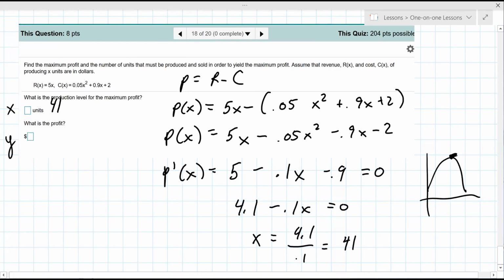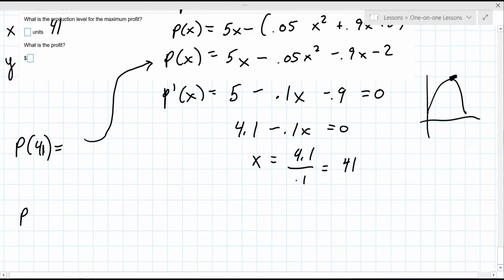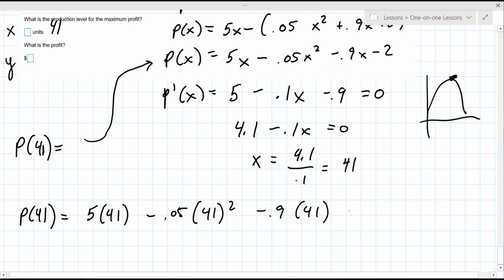And the profit comes from taking 41 and finding P of 41, putting it back into that line right there. So P of 41 equals 5 times 41 minus 0.05 times 41 squared minus 0.9 times 41 minus 2. I have no idea what that equals, but okay, go ahead.